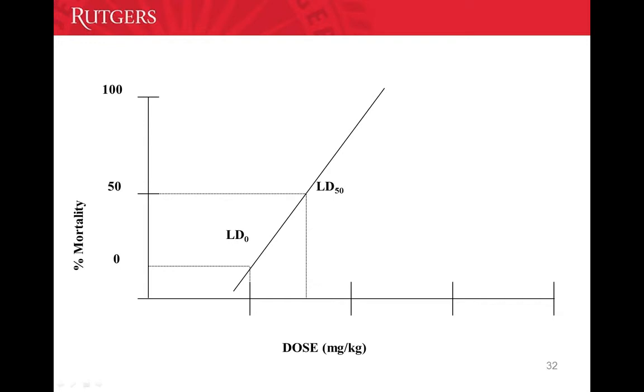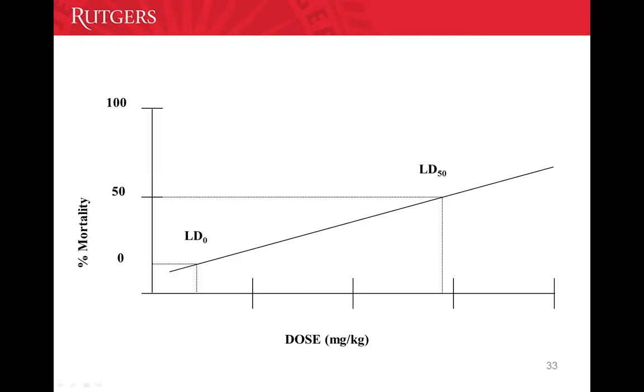So there isn't a lot of room for error. We can have no resultant deaths, and if we get just a slight increase in the dose from the LD50, we can have 100% of the population die. That's really quite an important thing to see in the steepness of the slope of the LD50 line.